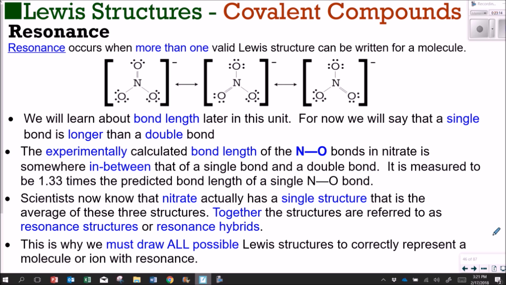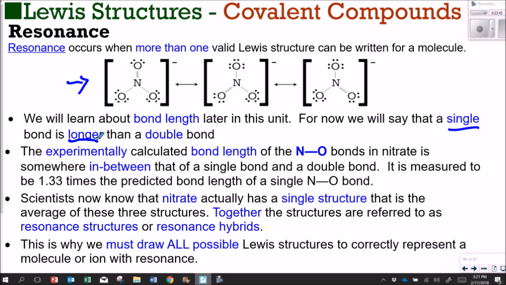So let's recap resonance. We said that resonance occurs when more than one valid Lewis structure can be written for a molecule. Later in this unit, we are going to learn about bond length, but for now we will say that a single bond is longer than a double bond.